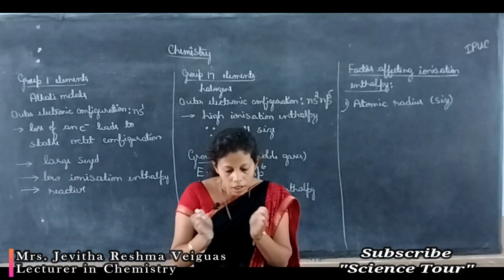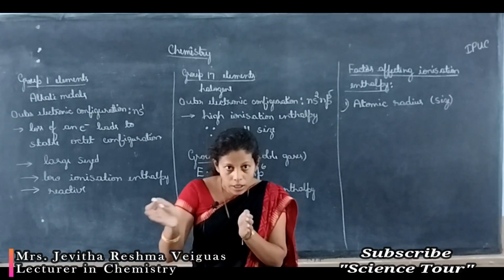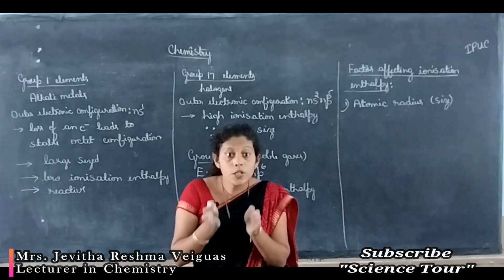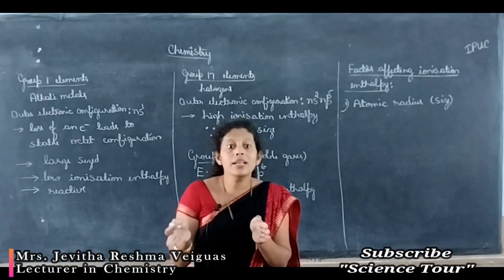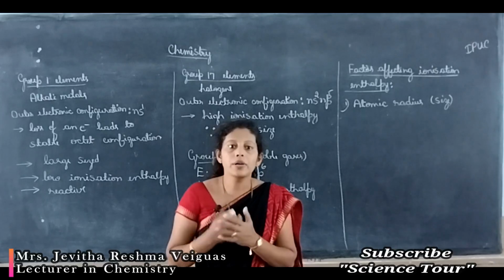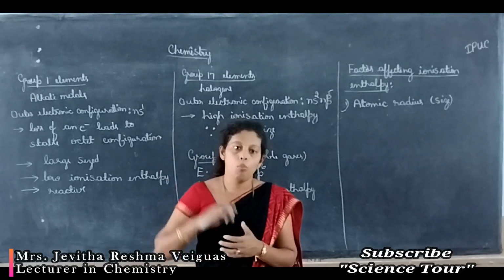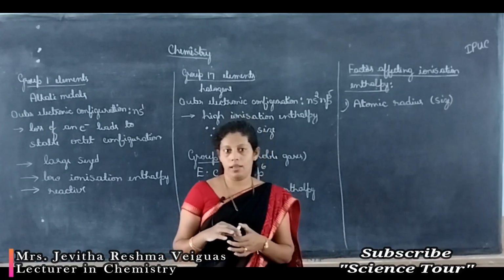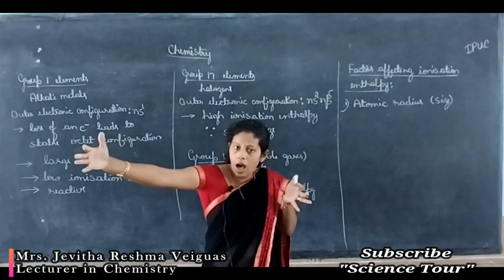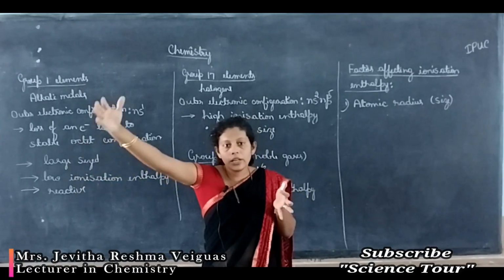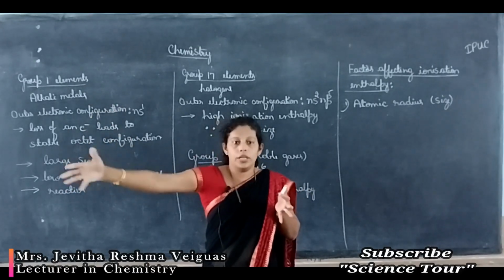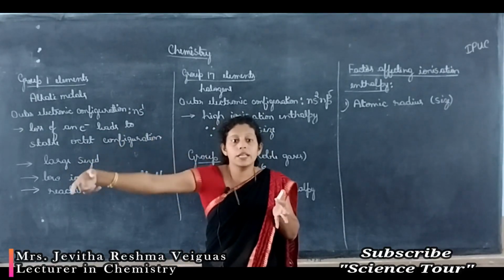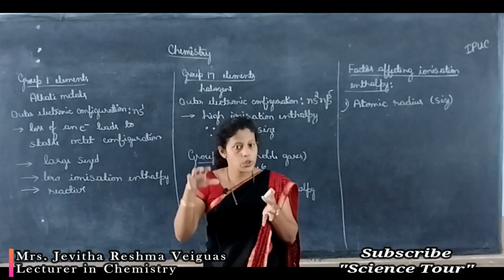Please understand, if the size is small, electrons will be nearer to the nucleus. As a result, there exists more attraction between the nucleus and the outer electron. So, ionization enthalpy will be more. So, the smaller the atomic radius, the larger the ionization enthalpy. But if the size is large, the electrons will be far from the nucleus. At that time, the attractive force between the nucleus and the electron is less, it is weak.